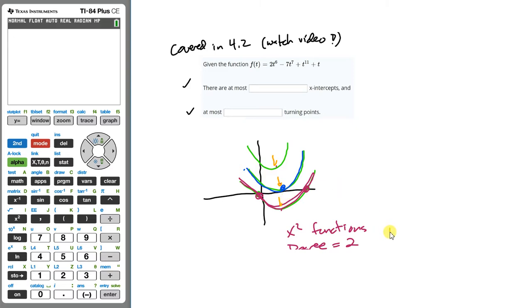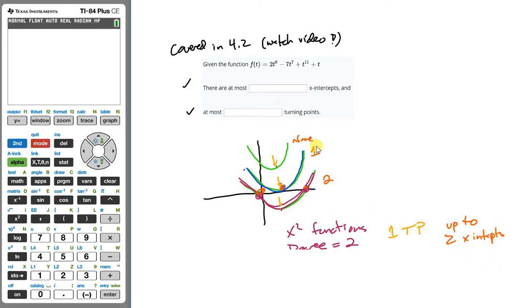How many zeros are there, or x-intercepts? In this case, there are either no x-intercepts, or one x-intercept right there, or two x-intercepts. So you can have up to one turning point and up to 2 x-intercepts.